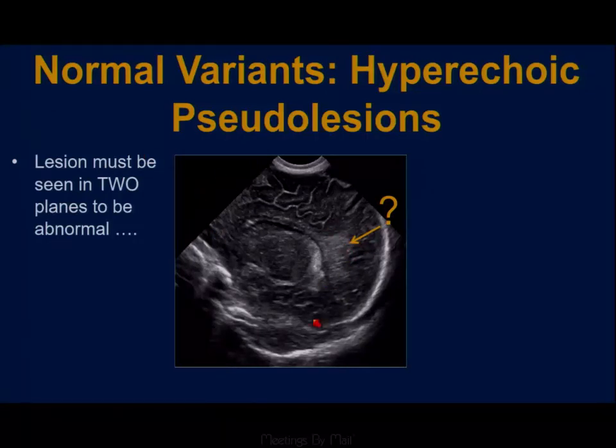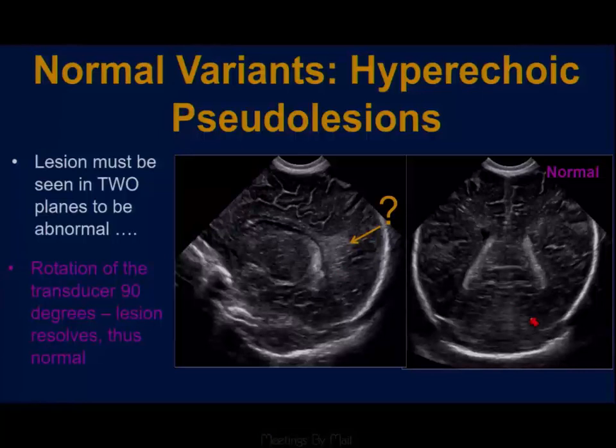So here's one where you see some of this hyperechoic white matter just adjacent to the ventricle. But once you turn on it, it looks normal. And this is what's really reassuring. And I didn't realize. I was really overcalling this by just looking at it on 1 plane. I really should have been looking at it at 2 planes. And now I'm much better about being more sensitive and specific about real white matter pathology.